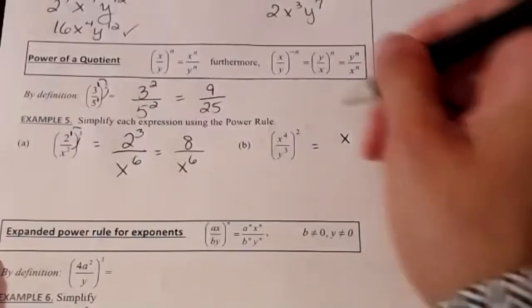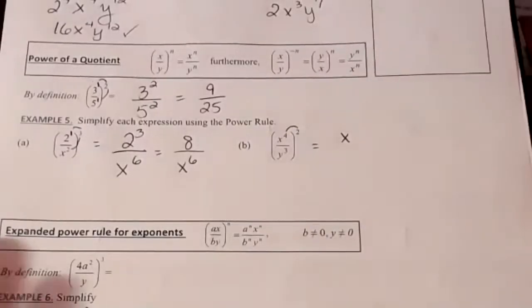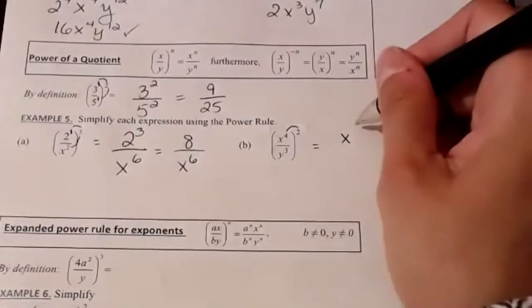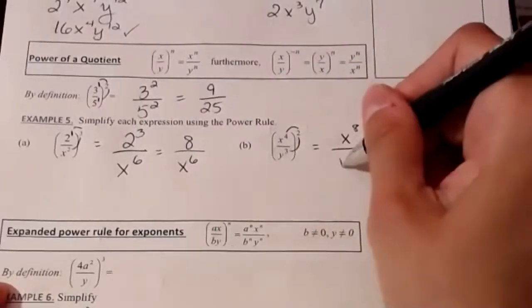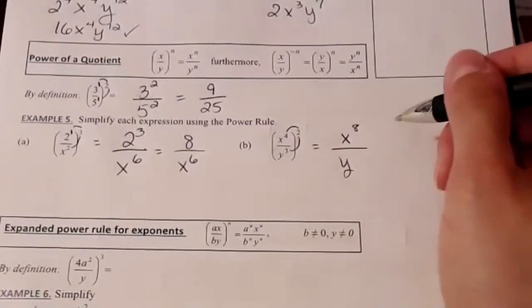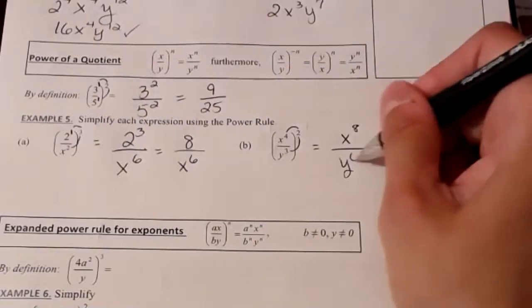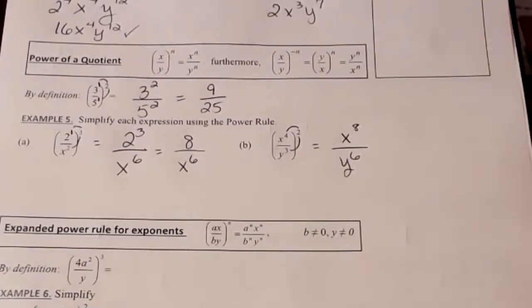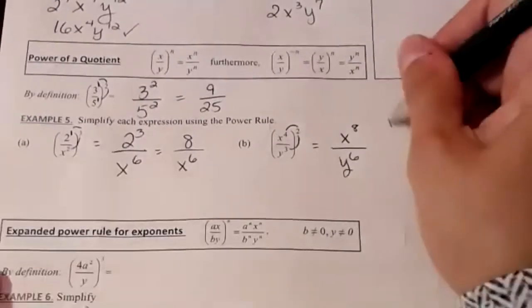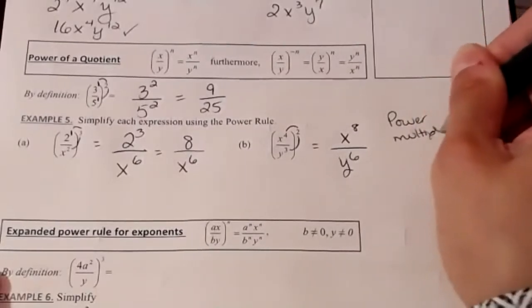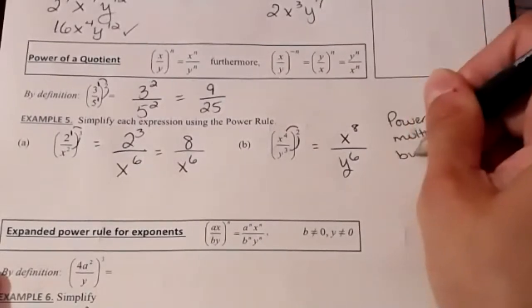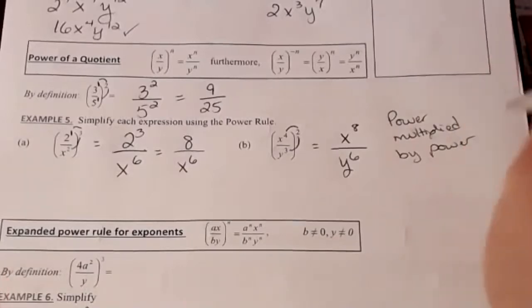The 6th. No, multiply these? Yes. No, to the 8th. Yes, beautiful. Over? It's going to be y to the 6th now. Perfect. Yes, beautiful. Power times power. So I'm just going to power multiplied by power. Perfect. Very nice.